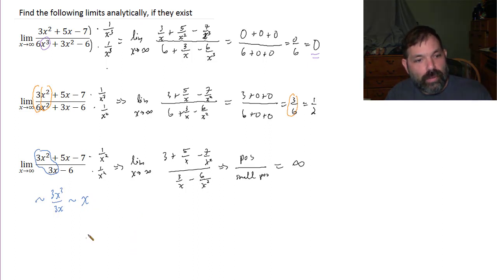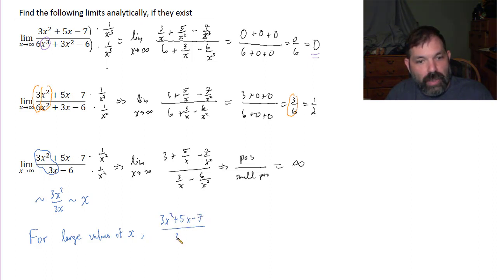And so what this is telling me is, for large values of x, (3x squared plus 5x minus 7) over (3x minus 6) is approximated by simply x.